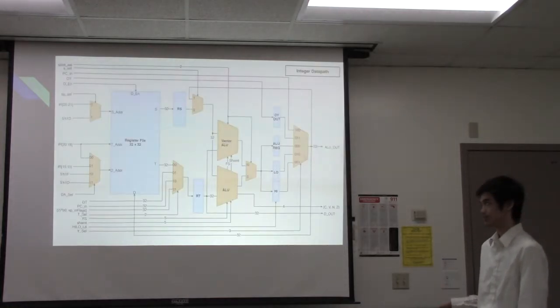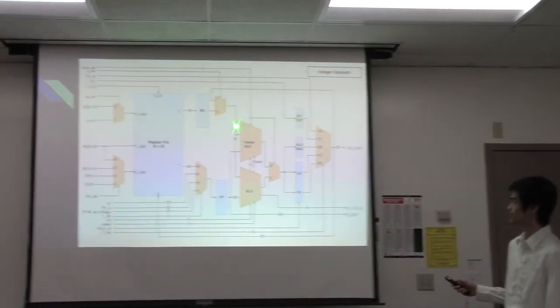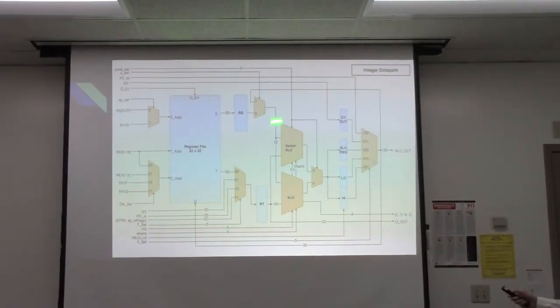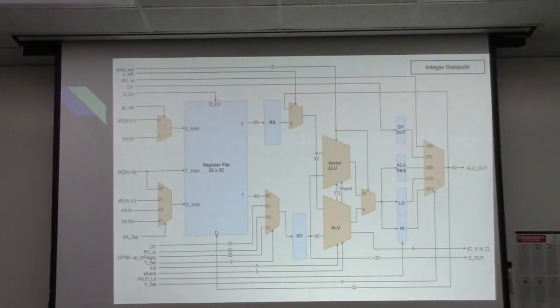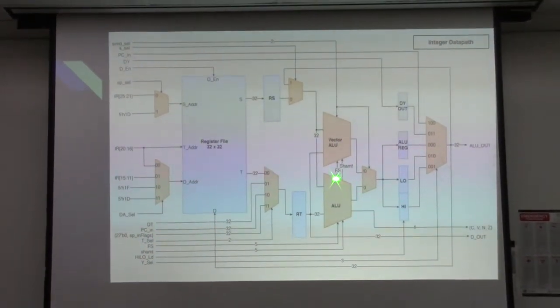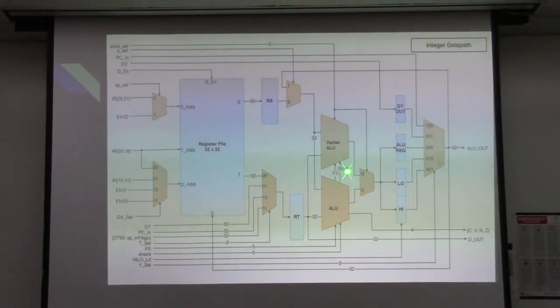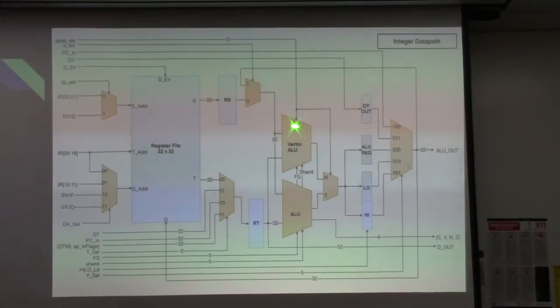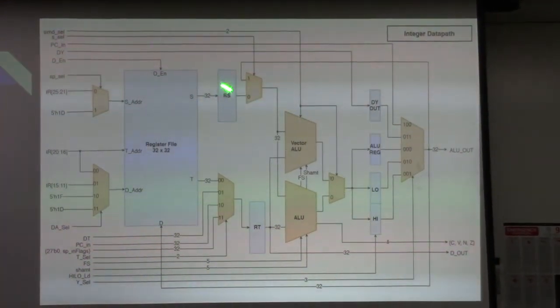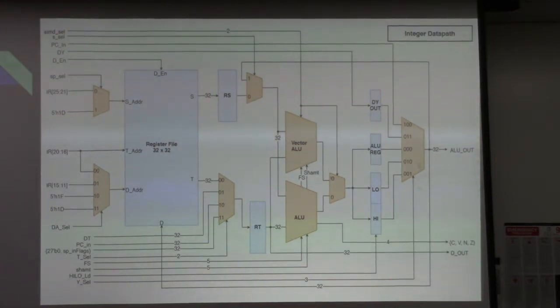And then this is our addition to our integer data path. We added a vector AOU, which is basically a duplicate of the AOU. It takes the same function select and shift amount. The only difference is the concatenation of its inputs and the SIMD select from the controller unit.